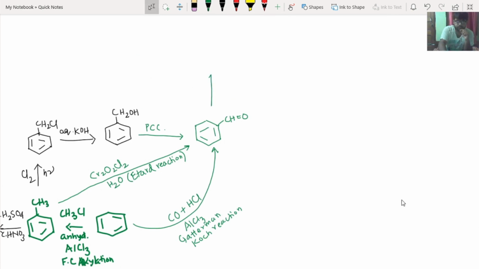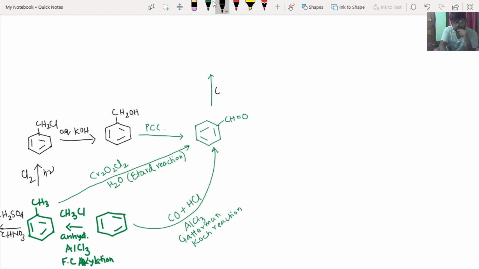If we treat the benzaldehyde with a Grignard reagent, that is methyl magnesium bromide, what is going to happen? This benzaldehyde is going to be converted into alcohol, CH2OH. Once again, that benzyl alcohol.